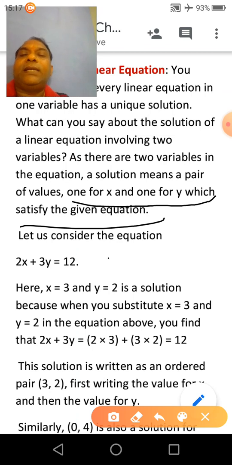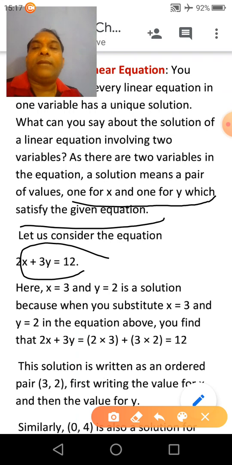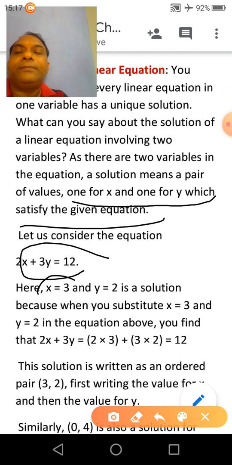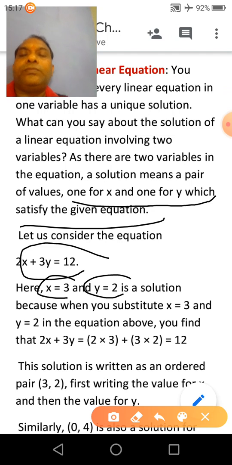Let us consider the equation. Suppose the equation is 2x plus 3y is equal to 12 and you have to find its solutions, or values of x and y. So put x is equal to 3 and y is equal to 2.